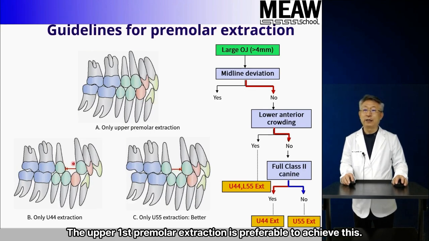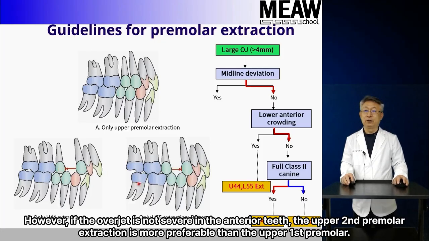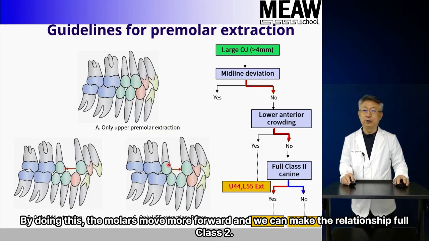The upper first premolar extraction is preferable to achieve this. However, if the overjet is not severe in the anterior teeth, the upper second premolar extraction is more preferable than the upper first premolar. By doing this, the molars move more forward and we can make the relationship full class 2.